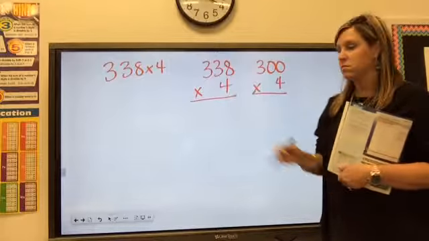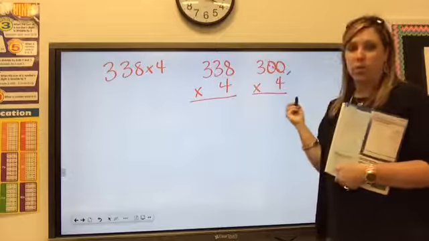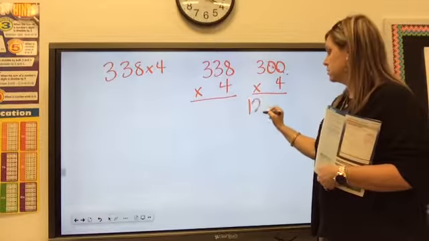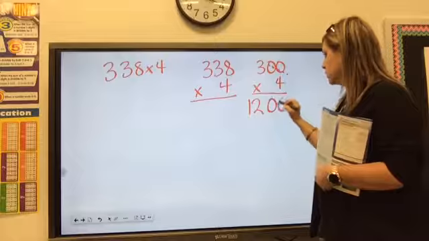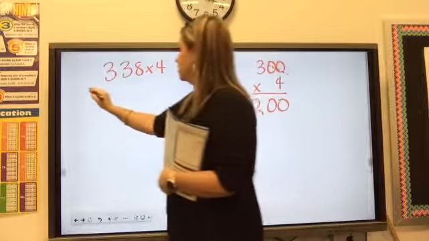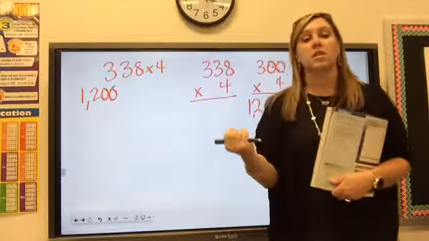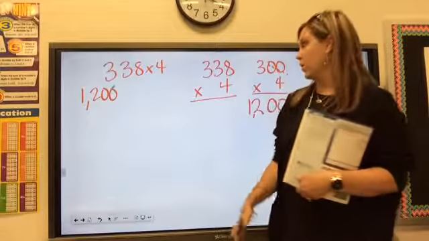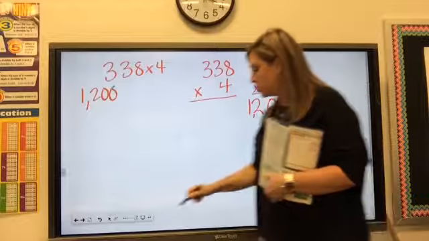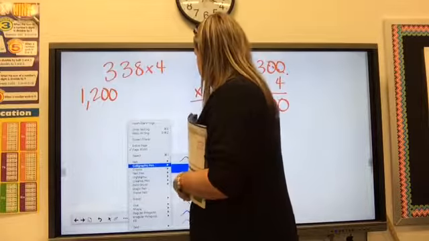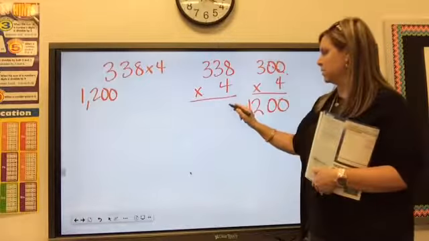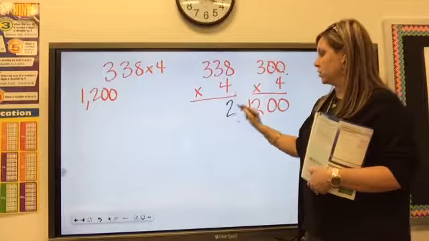So leaving me with 3 times 4 is 12, adding my 2 zeros. So my estimate right underneath there is $1,200. I say $200, rounding, or excuse me, estimating 1,200. Next one is the actual answer. 8 times 4 is 32.